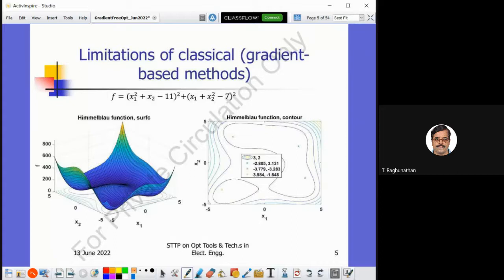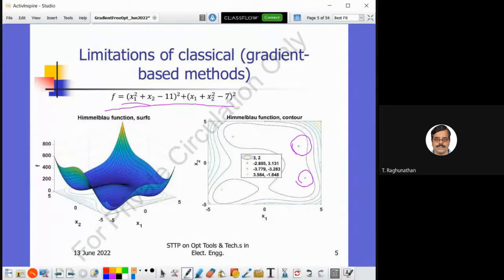The added advantage in the figures that I plotted, the contours, is that they show the values of x1 and x2 for those four minimums. One minimum is (3, 2), that's here. Another minimum is (3.5, -1.8).